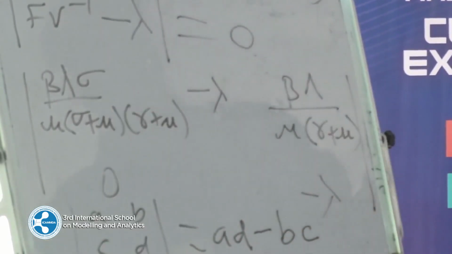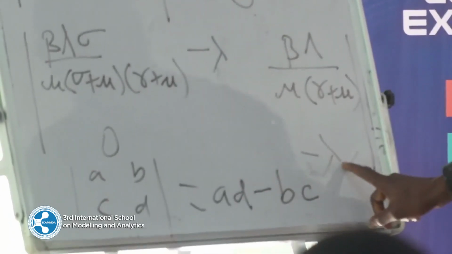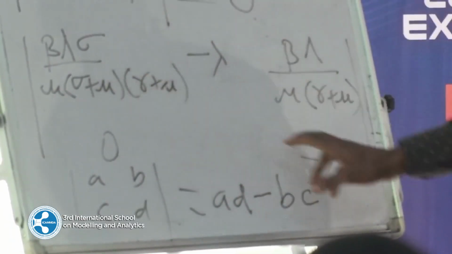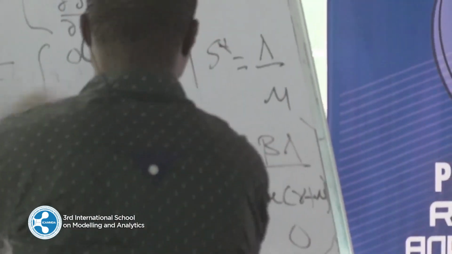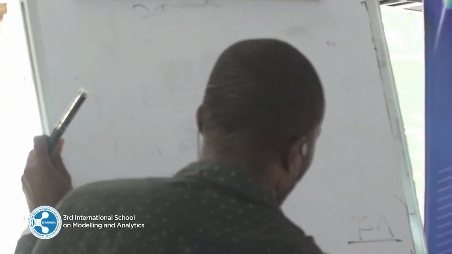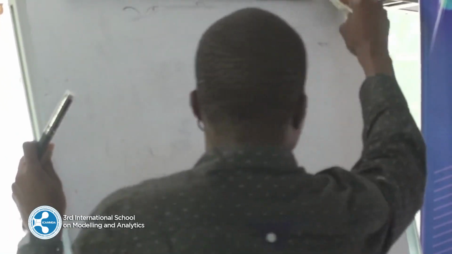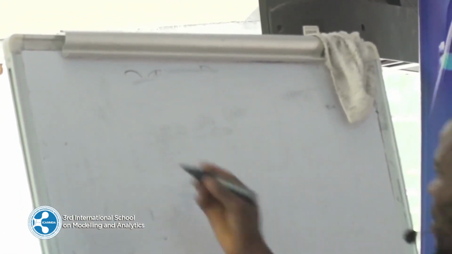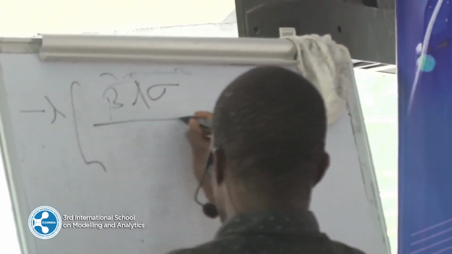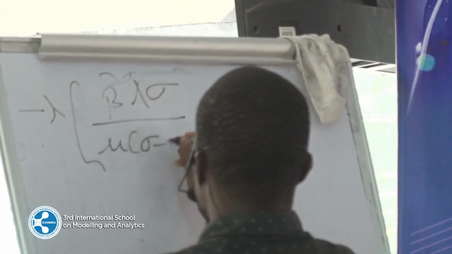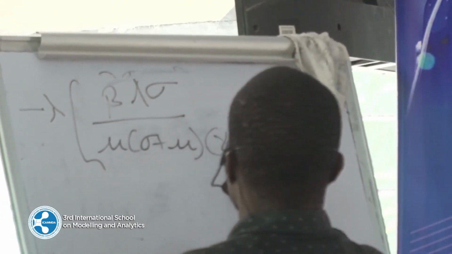If I substitute that, I'm going to have what? This times this minus this. It means I'm going to have the product of this, isn't it? So if I find the product of that, I'm going to have minus lambda times beta lambda sigma over mu into sigma plus mu into gamma plus mu minus what?